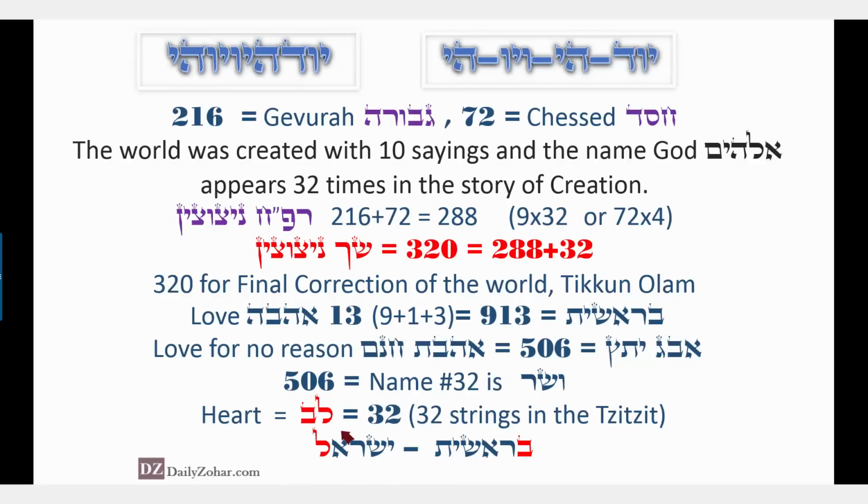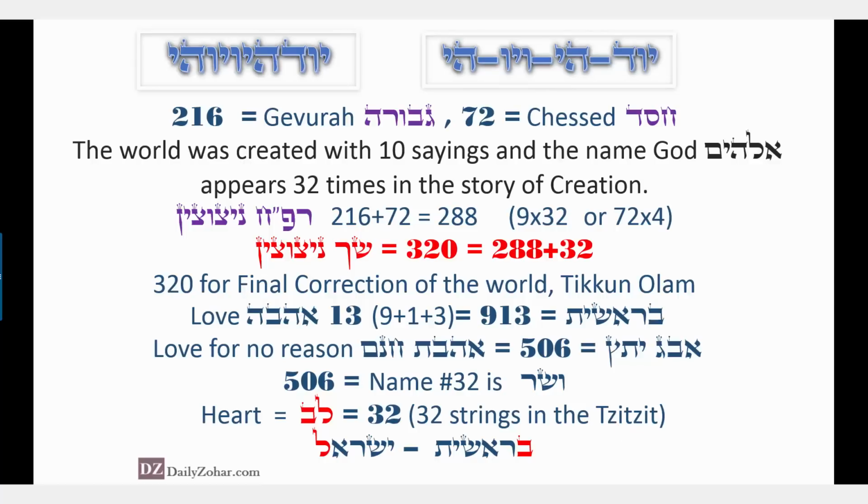Also, we should know that the first letter of the Torah is the Bet of Bereshit, and the last letter of the Torah is the Lamed of Israel, so Bereshit and Israel. And the numerical value of these 2 letters is 32. And by the way, we have 32 strings in the tzitzit that we wear under the shirt.